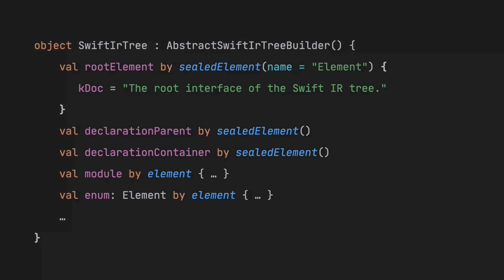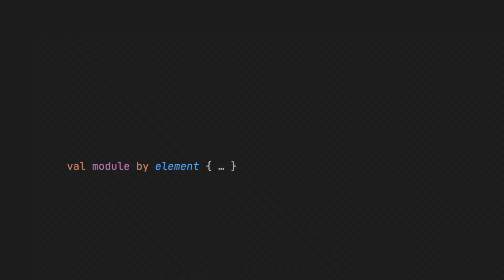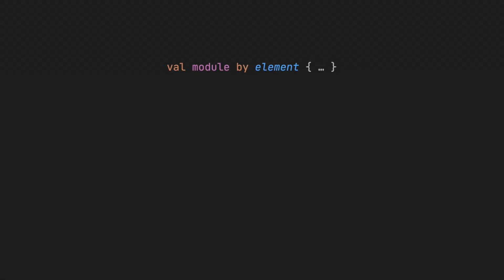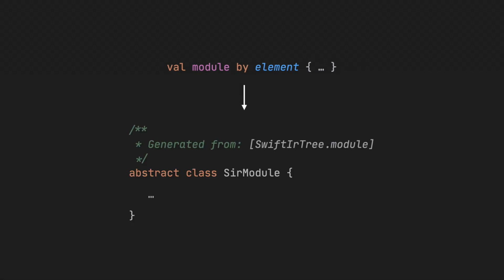You will generate all the builders for each of the elements. What it does underneath the hood is that it takes a module element like this, and it generates a type for that, an abstract class. In this case, it also generates the implementation of it. As you can see from the comments there, this is generated from that element type of a module. So the Swift IR tree is very useful to look at the hierarchy of things.